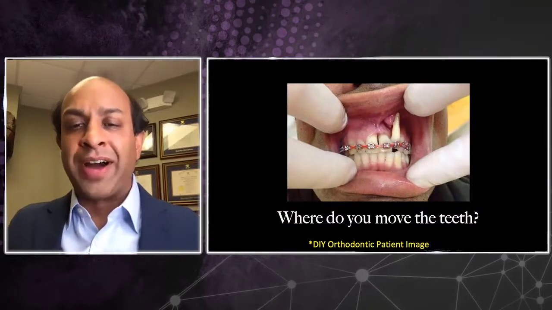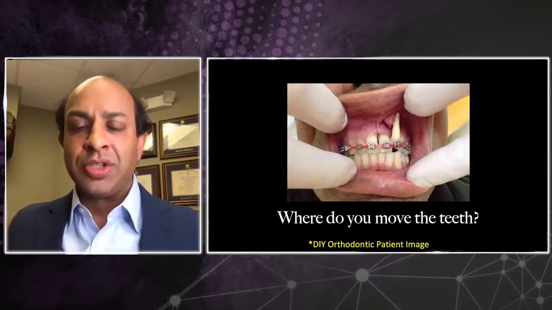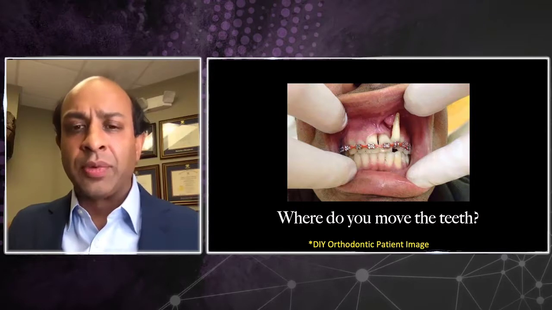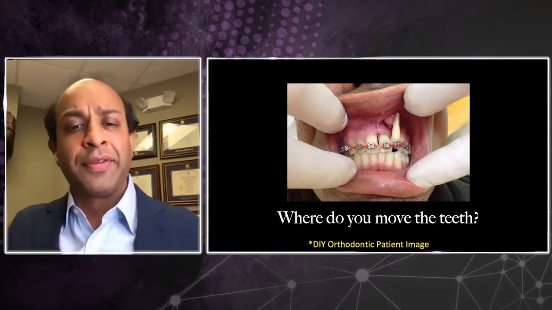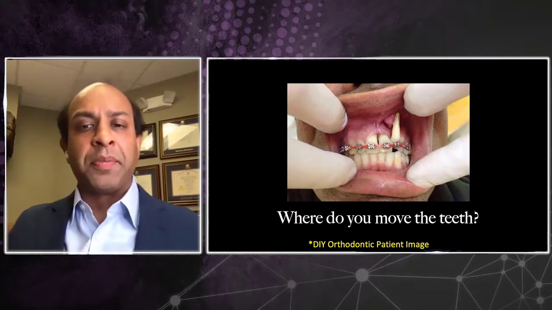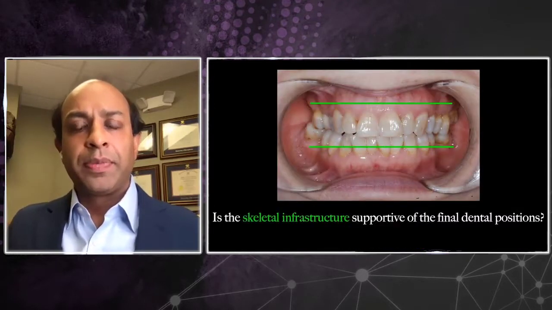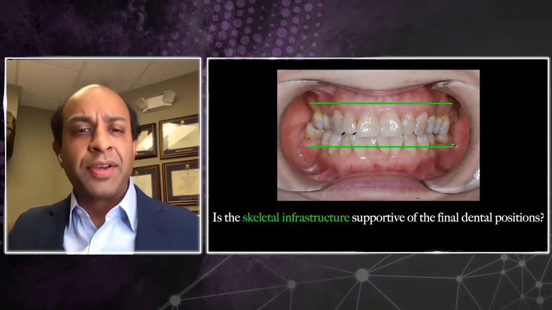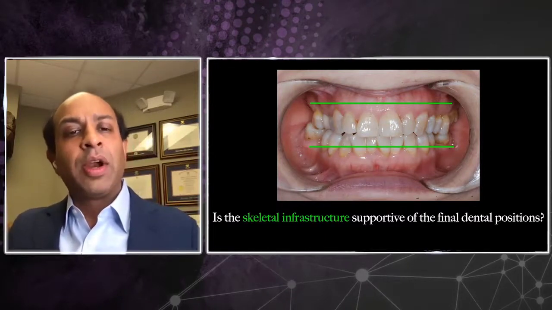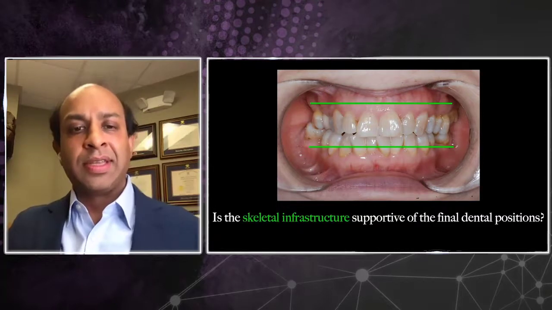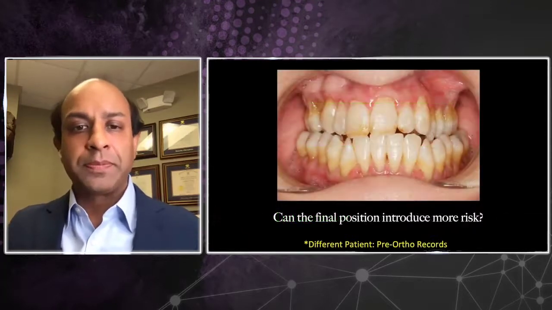Or would we be violating that during our treatment, afterwards, or posing a risk that would actually not unveil itself for years after the therapy is complete? Which begs us to understand not only the positioning of the teeth, but where are those teeth with respect to the given skeletal infrastructure?